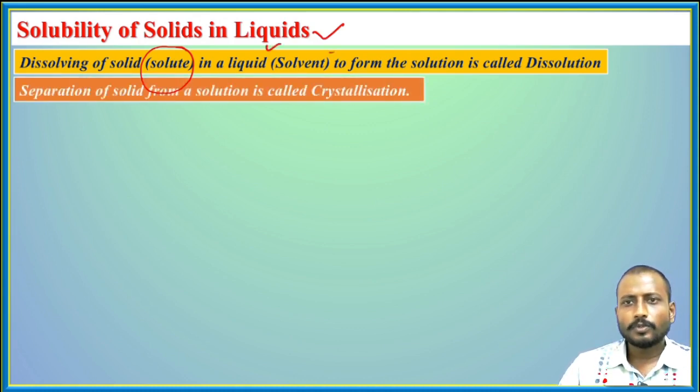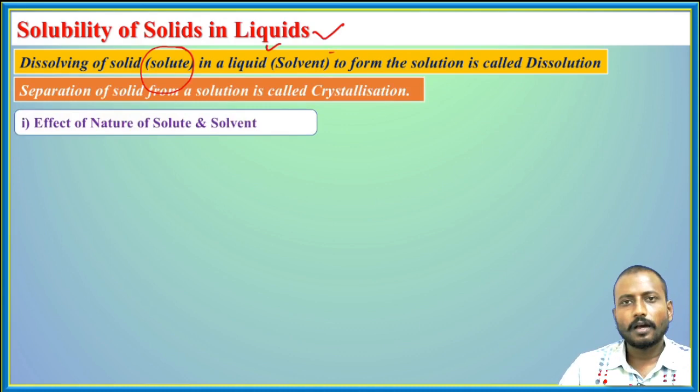So what is the opposite of dissolution? The process in which solid separates from the solution is called crystallization. If you take a saturated sugar syrup, made by keeping it on the stove, and keep it for a long time without disturbing, you can find very fine crystals of sugar underneath the vessel.